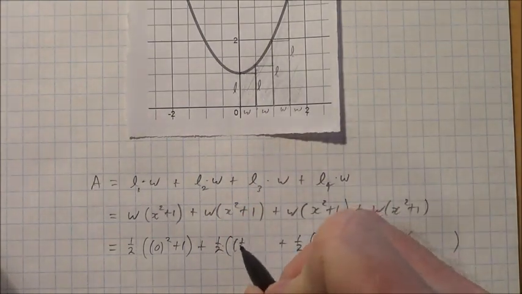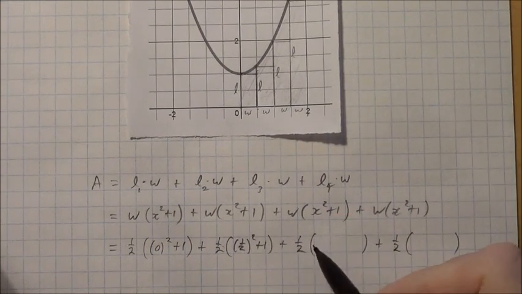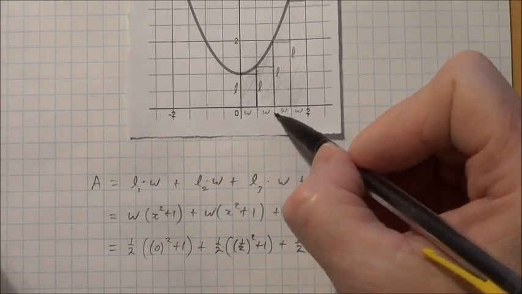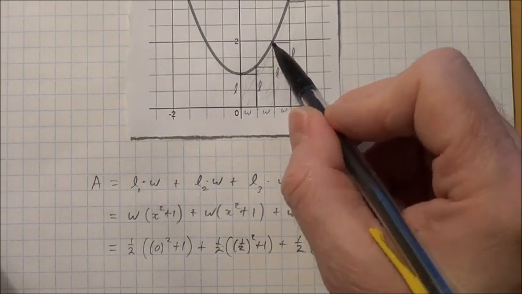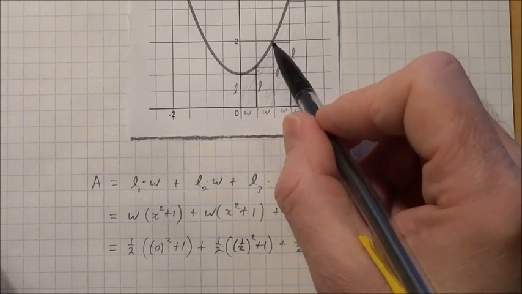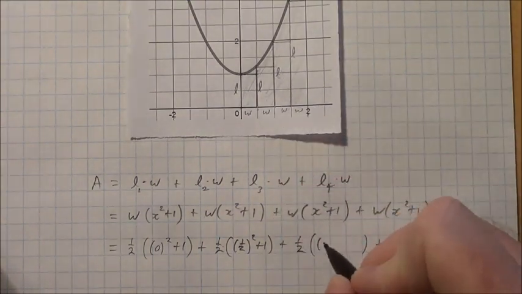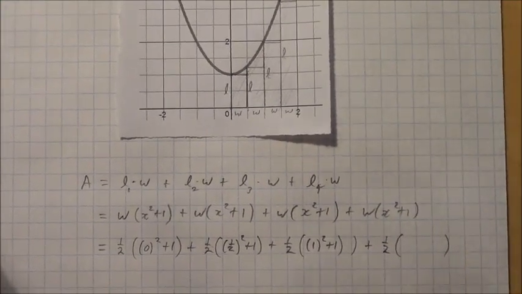So this is going to be 1/2 squared plus 1. And then I move on to, this is x equals 1 here. So this length 3 of this rectangular strip is the y value of the function when x equals 1. So it would be 1 squared plus 1.